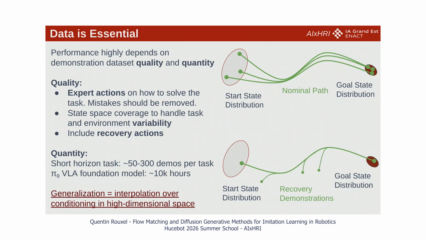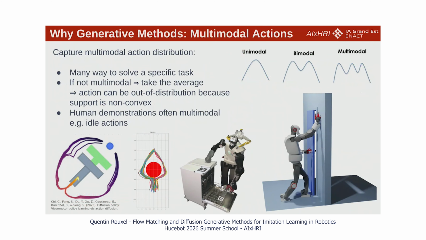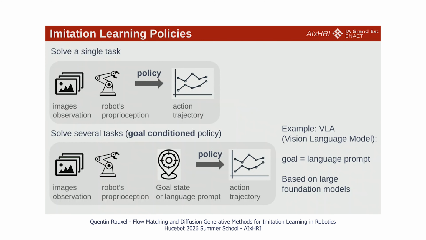This is called return value conditioning. So, for example, when you train your policy with images, robot state, and proprioception, you could add an additional input, which is, let's say, the reward.